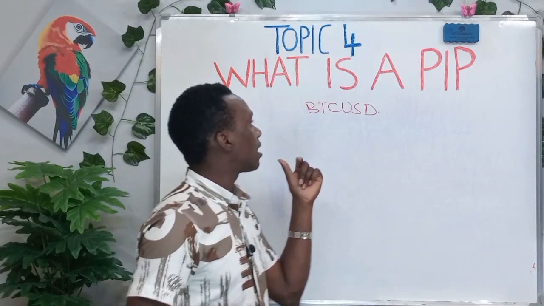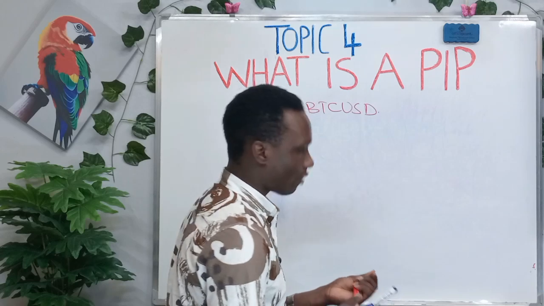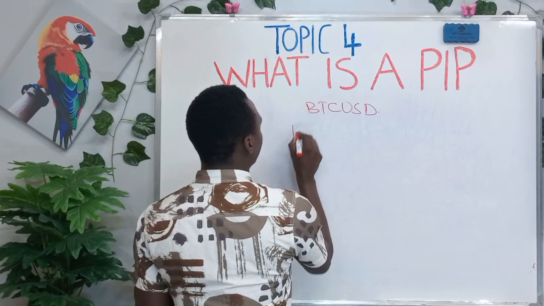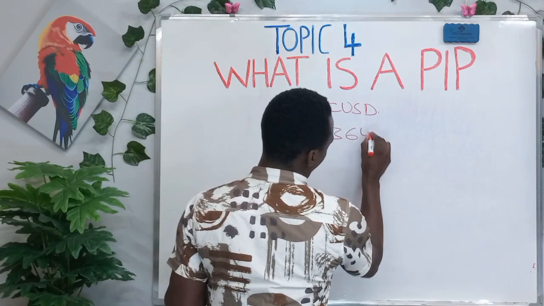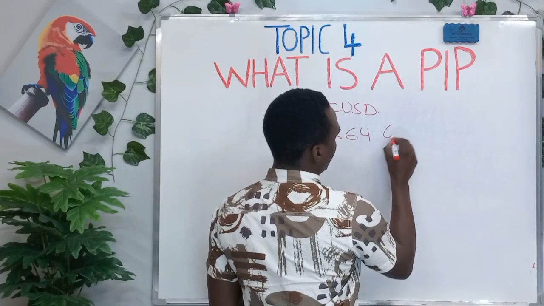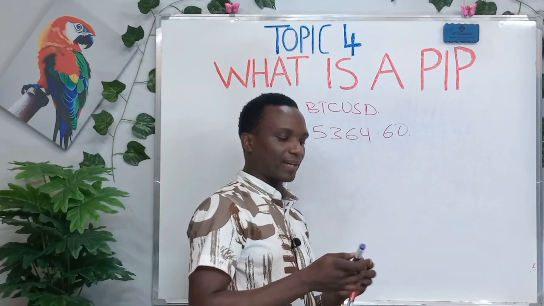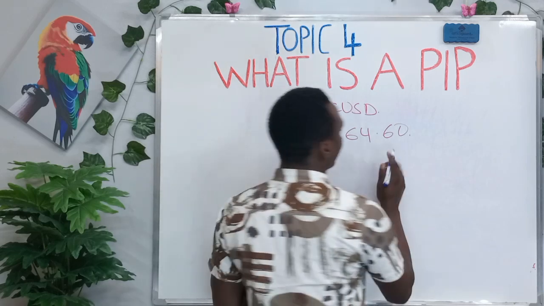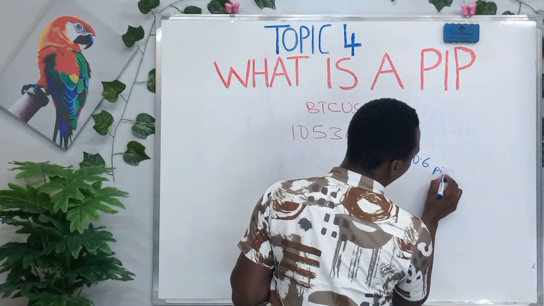Let us go and look at the Bitcoin. So what is the price of Bitcoin? 1053.64.60. That is for example, right? So let us express it in form of decimal places. So in this case, this is 0.6 pip.